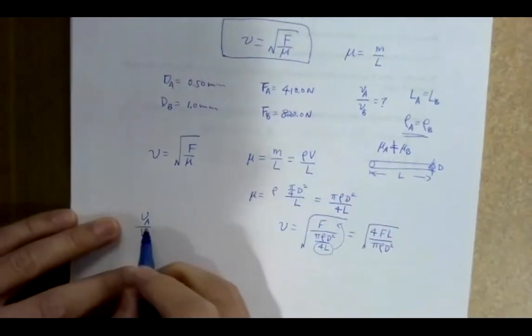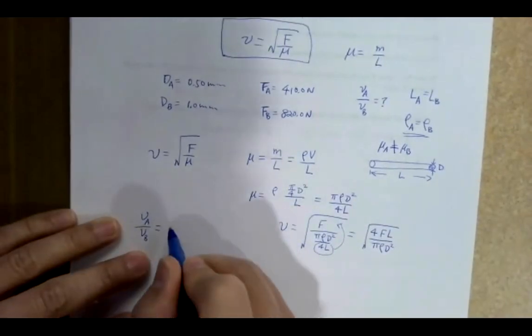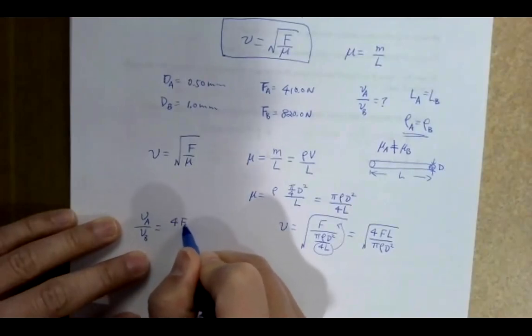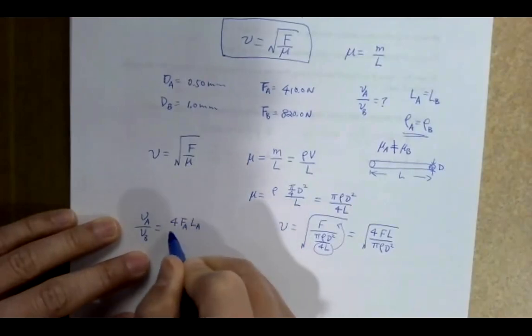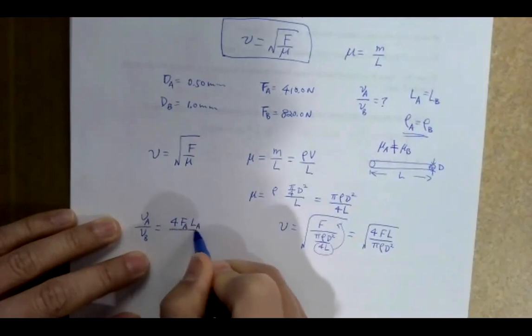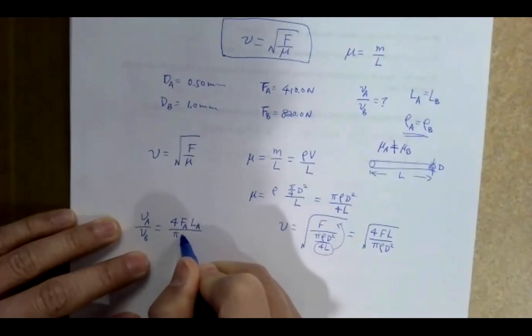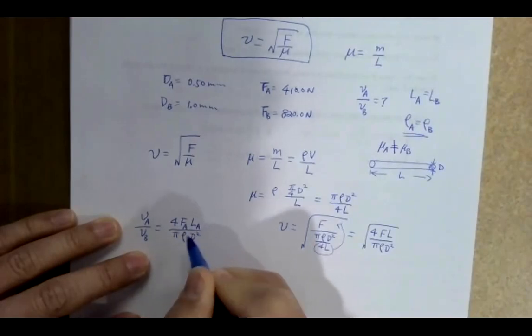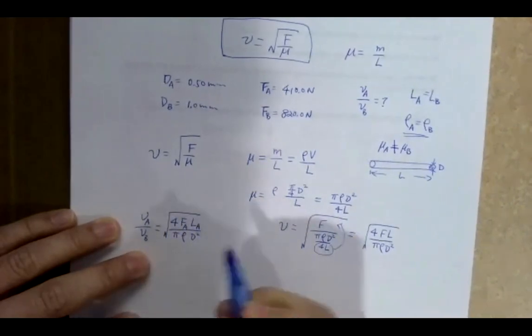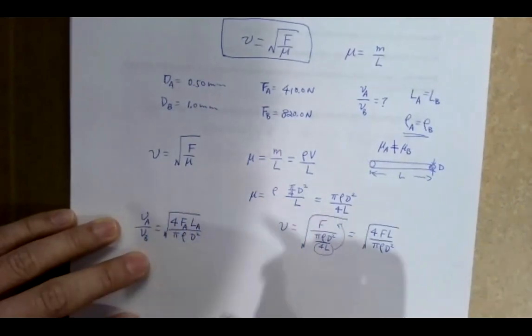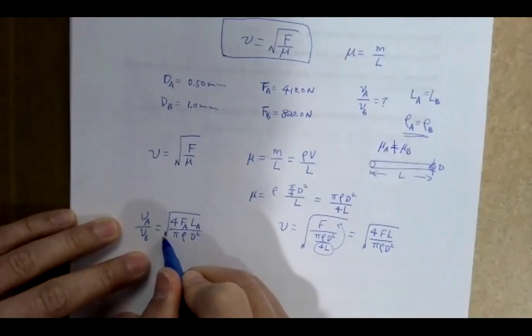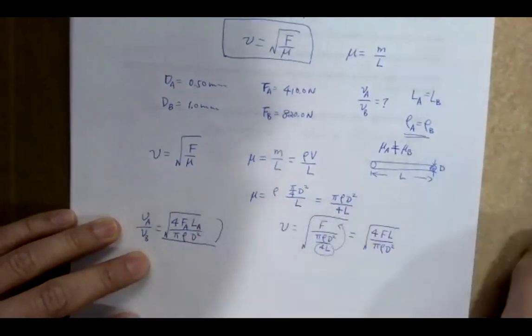So for A, this is equal to the square root of 4 times FA times LA divided by pi rho d squared. So this is just for VA, and the top here is VA.